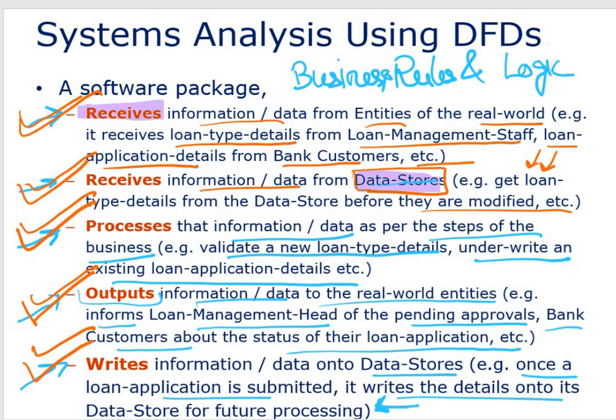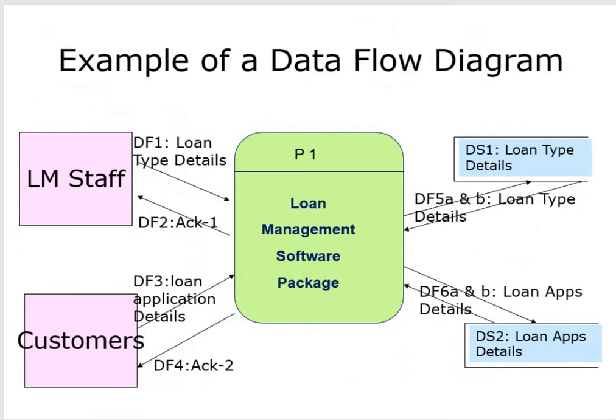Let me take one example before giving you the details about the various constituents of a data flow diagram. So what we have here is an example of a loan management software package. On this end we have your loan management staff, and I have your customers as well.